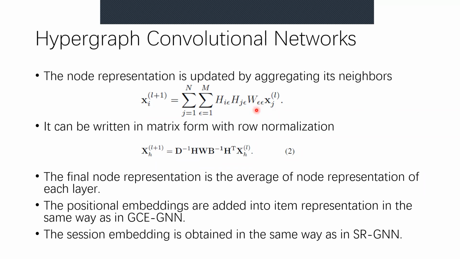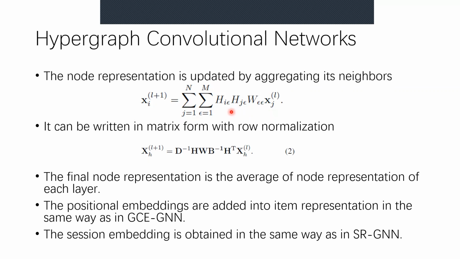W sigma is the weight of the edge between i and j. And here H_i sigma and H_j sigma are both one. So H can be 1 or 0, and they need both to be 1 to be summed into this. And they are both 1 only if they appear in the same hyperedge.